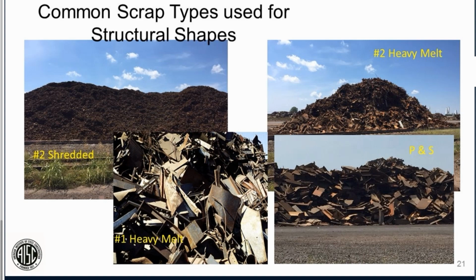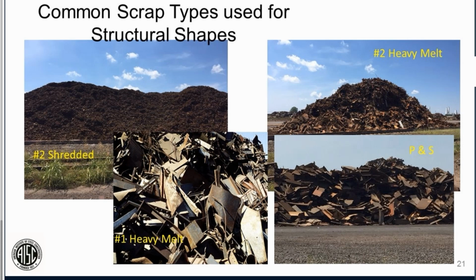And in the front left, again, we go to number 1 heavy melt. It's another primary scrap type. That's a premium product. It's very dense, very heavy, typically very clean as far as residuals. And then on the right-hand side, the lower right, is the plate and structural steel. That's just your demolition buildings, things like that. Anything that used to be an I-beam, we buy that.